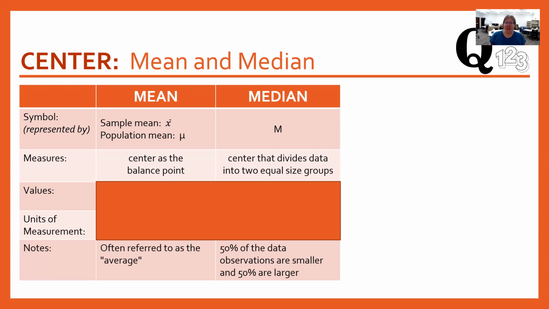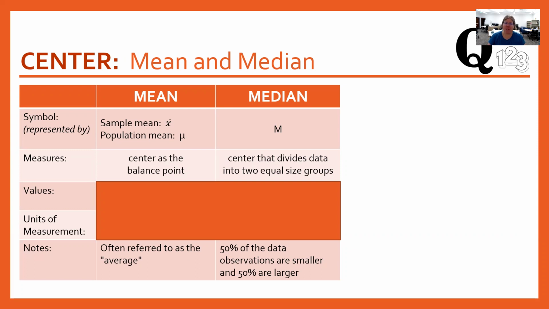Now, if instead I chose a random sample of 500 people and found their average height, then that sample mean is going to be represented with X with a bar over the top. So if it's calculating a mean from a sample, we use X with a bar. And if you were actually able to calculate the mean for your entire population, which is really difficult to do, we would use the Greek letter mu.